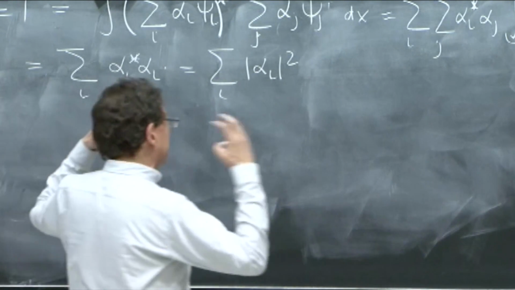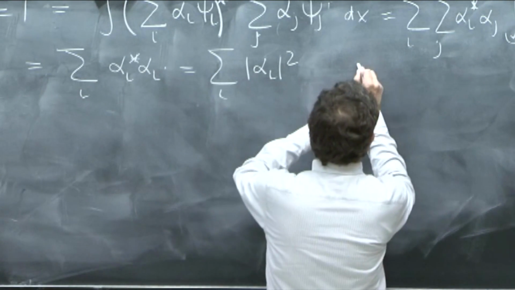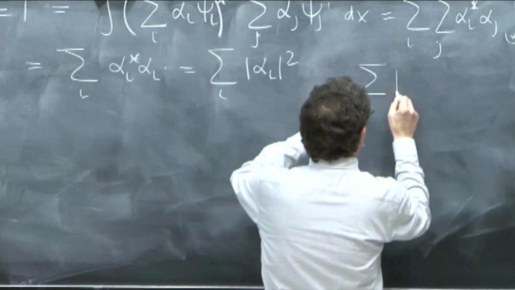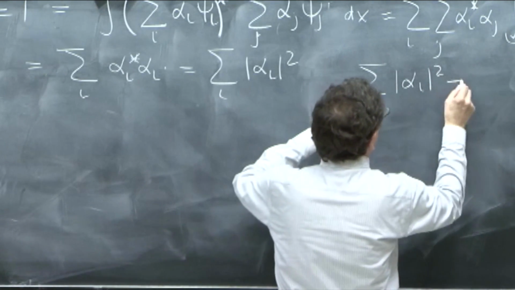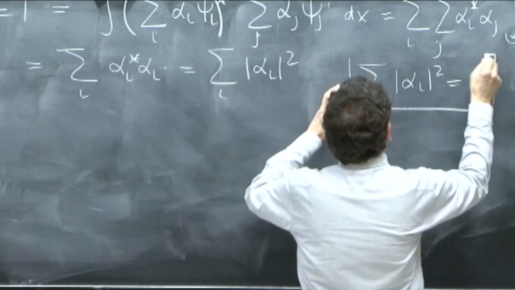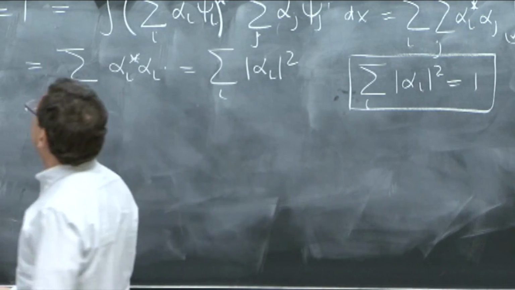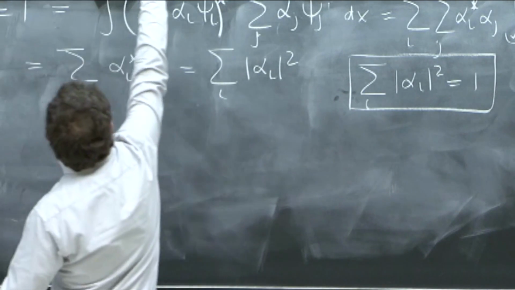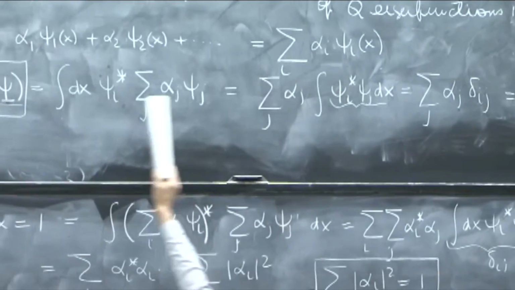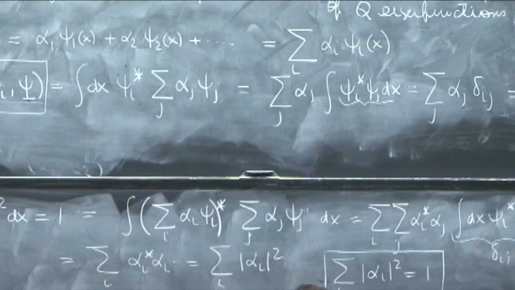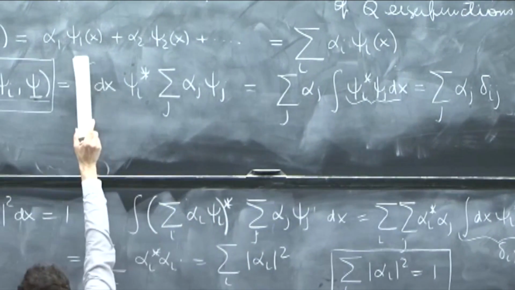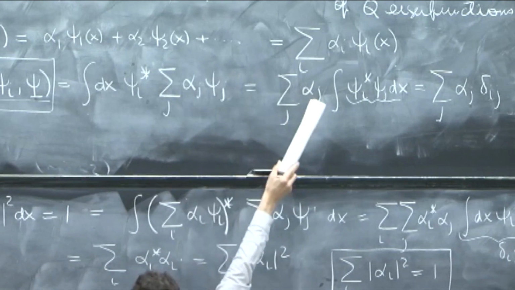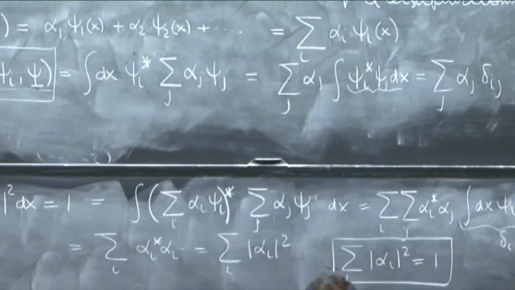This is something that should be internalized as well: the sum over i of the alpha i squared is equal to 1. Whenever you have a superposition of wave functions, and the whole thing is normalized, and your wave functions are orthonormal, then it's very simple.